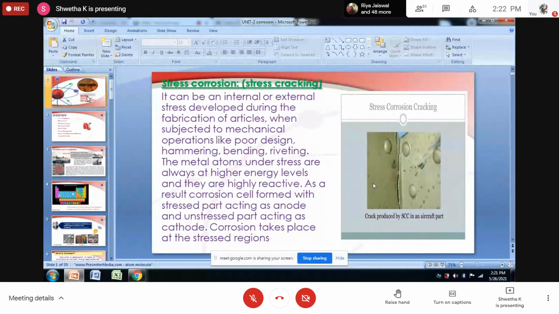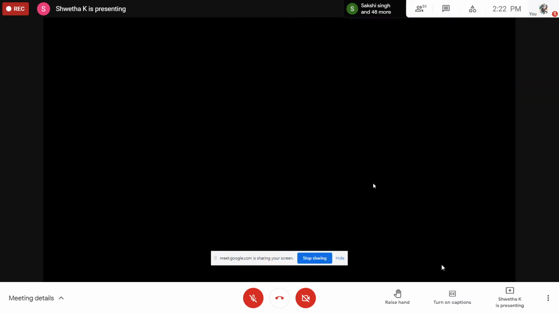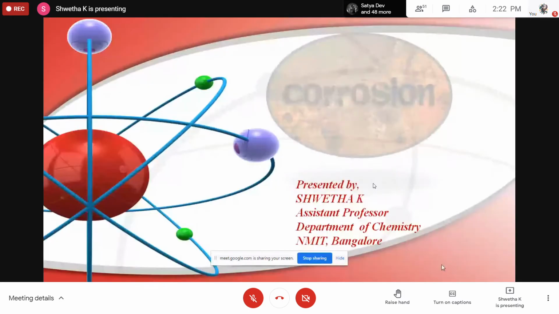So this magnetite causes the embrittlement, and wherever the concentration of NaOH is more, the metal is under high stress, and it acts as an anode and undergoes corrosion.